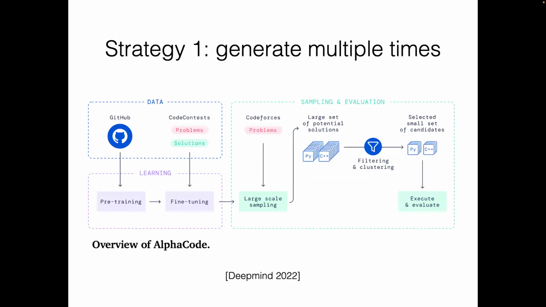It turns out that these ideas have been around for a while. Here's one notable example because it got a lot of attention and was a big jump in performance at the time. This is called AlphaCode, and this was from DeepMind in 2022. You can see here they have this setup of gathering some data. Here they're trying to have a model that takes in some problem description and generates some code that passes some test cases.